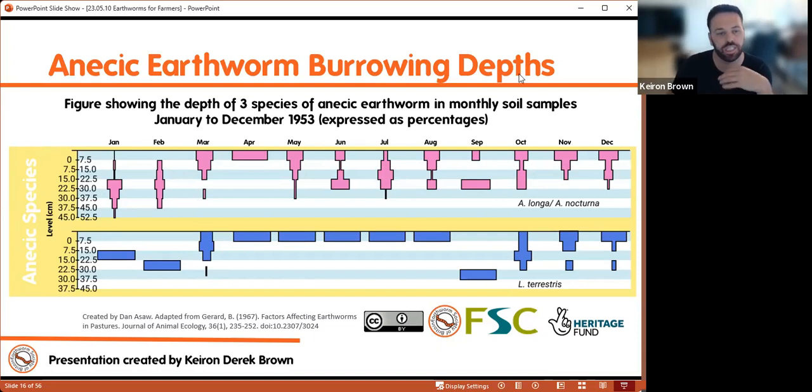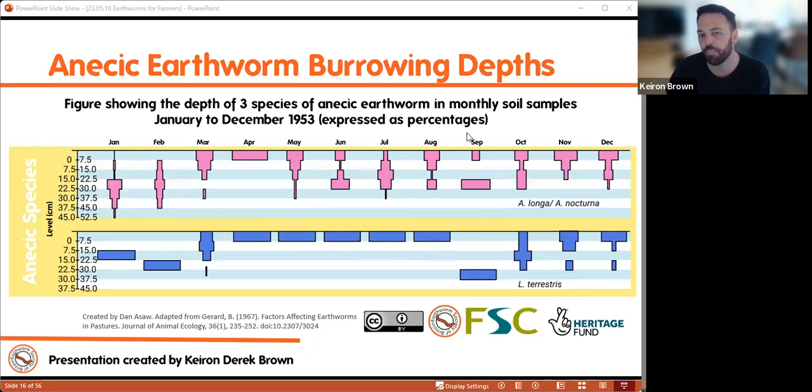But the one thing I want to take away from this diagram here, so this is from an experiment where monthly soil samples were taken in 1953, and the position of earthworms were measured for a number of different species. So these are 3 anecic species on here. And what we can see is that they do vary where they are, but they're quite often going down deeper. And if we look at the top 2 species, yeah, they're being found at all sorts of levels throughout the year.